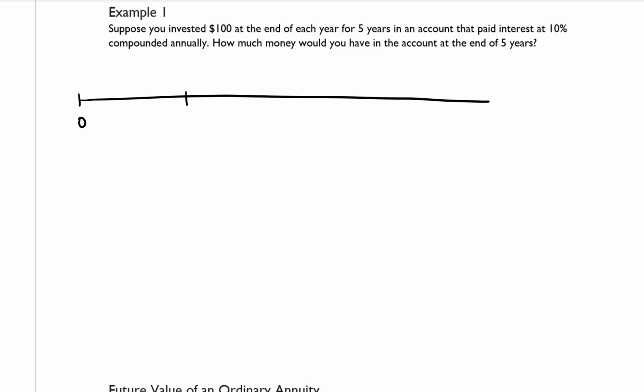And then after 1 year, you will have invested $100. And then at the end of 2 years, you will have invested another $100. And at the end of the 5th year, you will also have invested another $100.